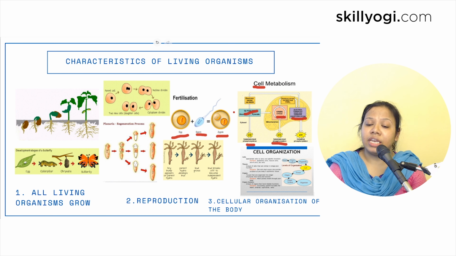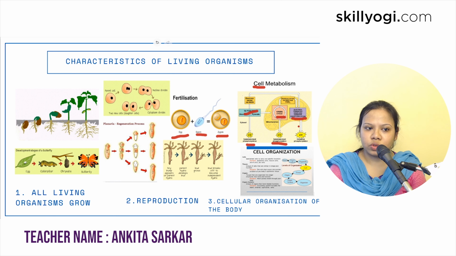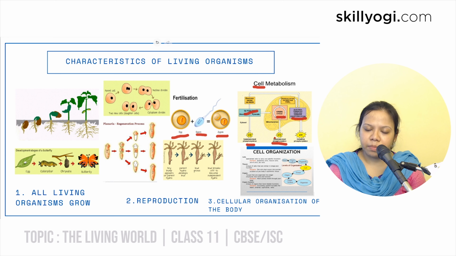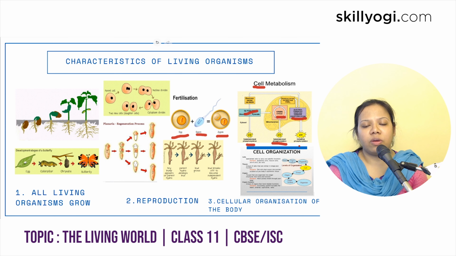But in living things, all these take place. We breathe, we eat, etc. And in our cells, glycolysis, Krebs cycle, etc., all these types of cell metabolism take place, from which we obtain ATP. So cell metabolism is another important point to distinguish the living from non-living.